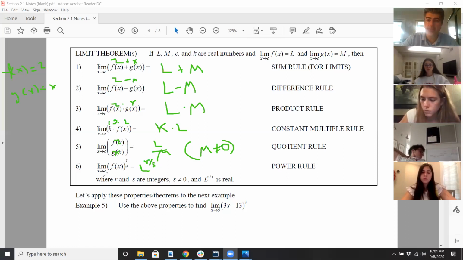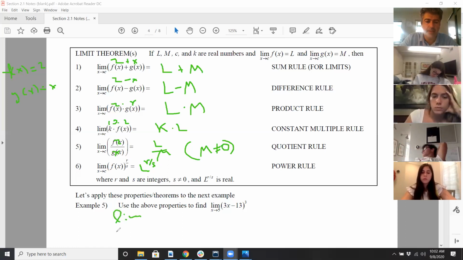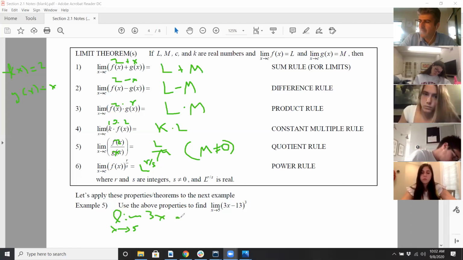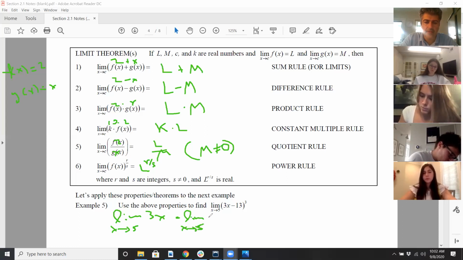So let's break this off. Let's say I find the limit as x approaches 5 of 3x minus the limit as x approaches 5 of 13.